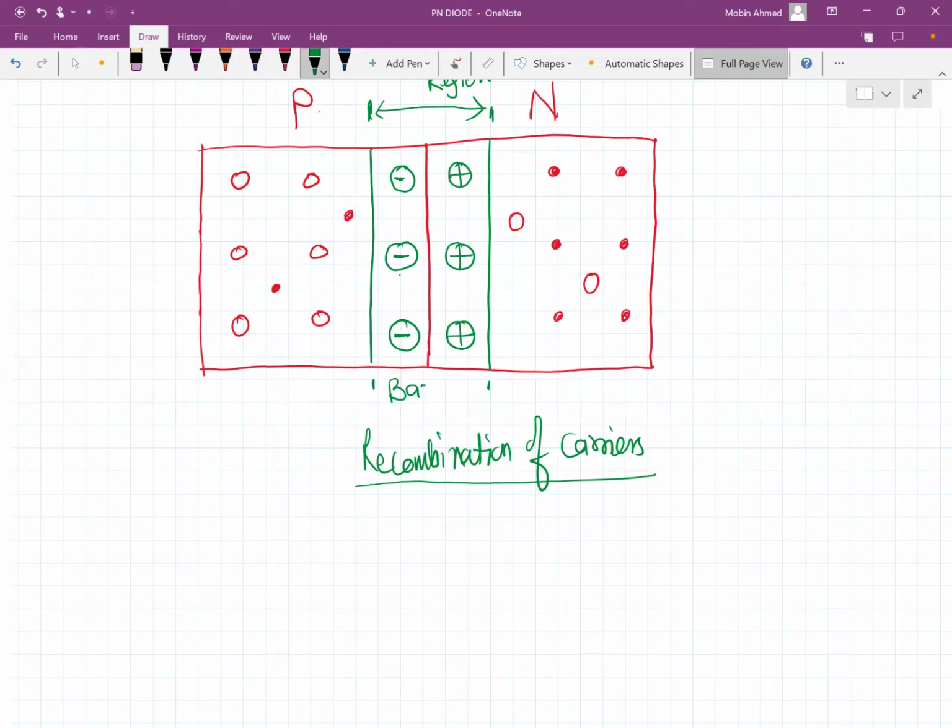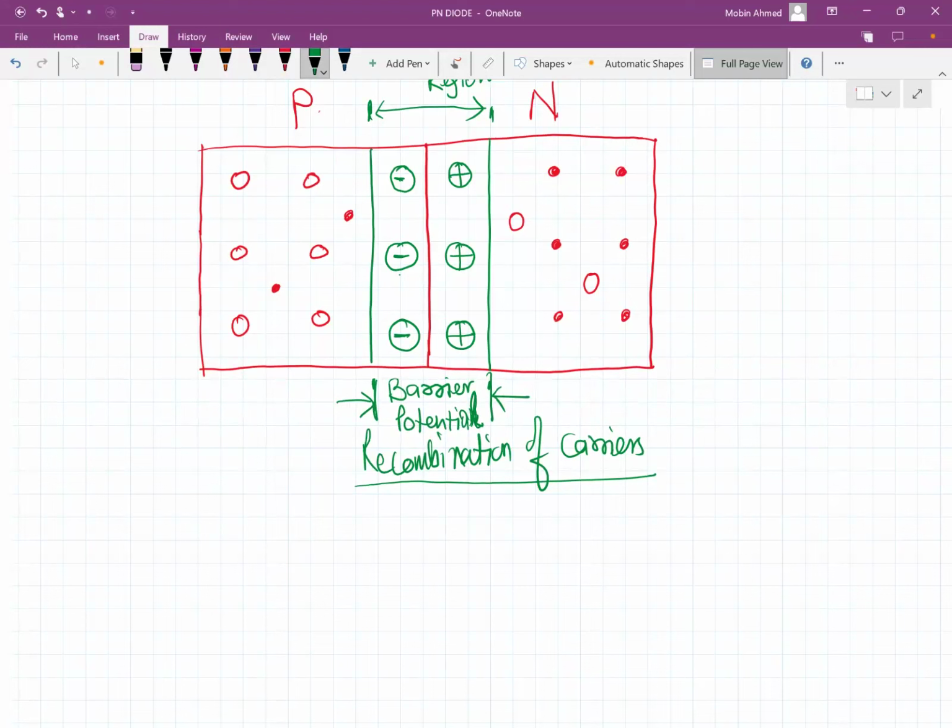Barrier means it will not allow the electron to cross the junction now. So this is going to develop a potential and that is known as a barrier potential. Till the time barrier potential is not developed, the electron will continue to move and diffuse.